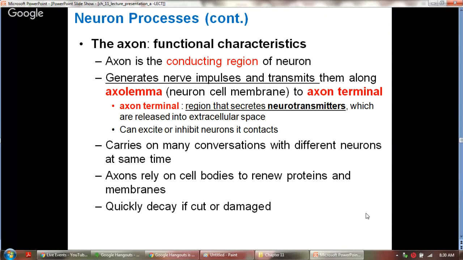We call them neurotransmitters, which are released to the extracellular space, and are received by the next nerve cell. So the neurotransmitters can excite or inhibit neurons in contact. So the axons carry on many conversations with different neurons at the same time. The axons rely on cell bodies to renew proteins and membranes, and they can quickly decay if cut or damaged.